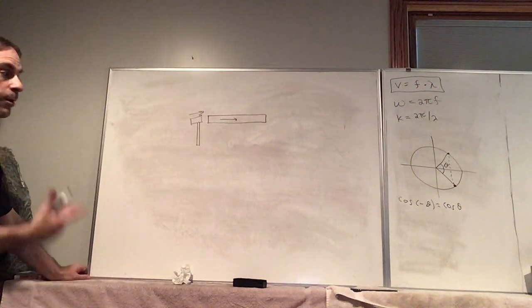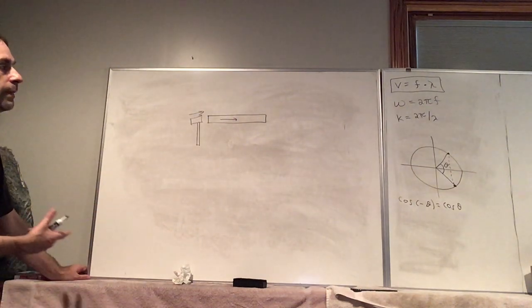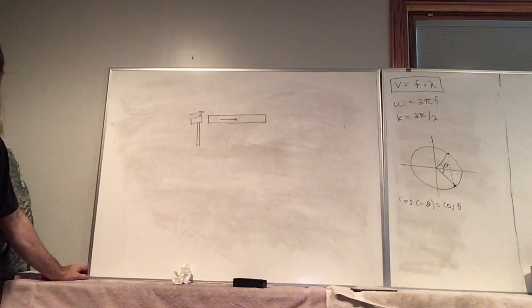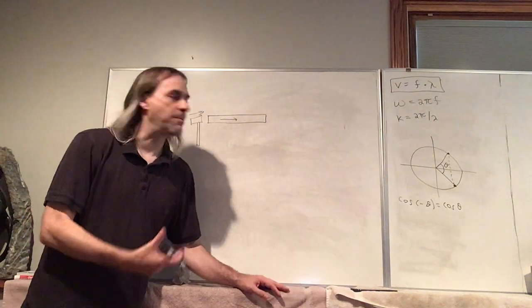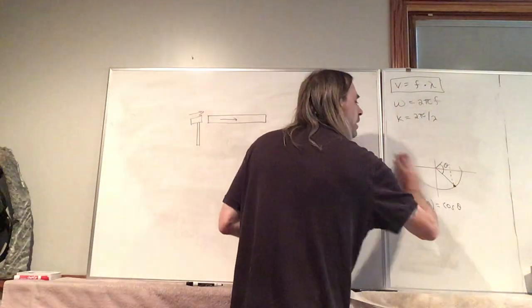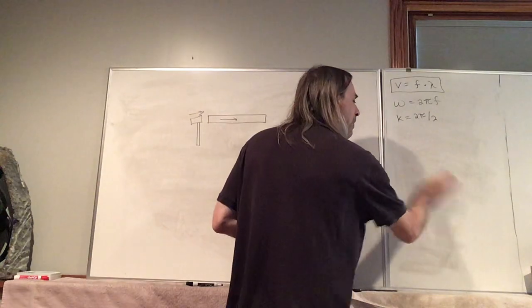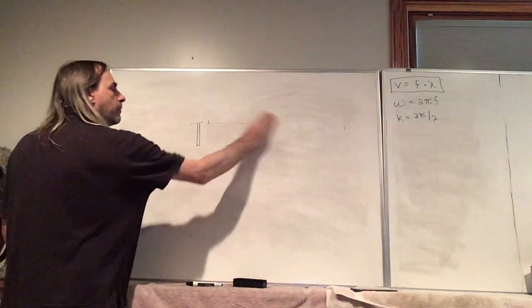Now, the waves will be different. If you really pound it with a hammer, the amplitude of the wave will be greater. And we're going to see that the amplitude of a wave is a measure of how much energy it has. But the speed of a wave depends on the properties of the medium, not what created the wave.